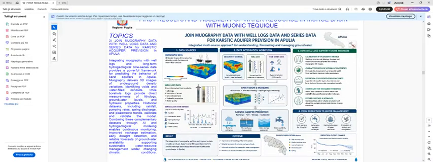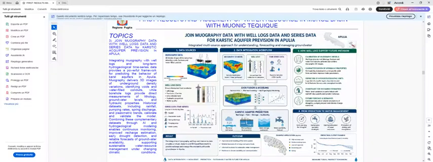How can you join muography data with well log data? It is essential to compare the acquired muography data with well log data and time series data for the karstic aquifer. Integrating muography with well logs and long-term hydrogeological series data provides a powerful framework for predicting the behavior of karst aquifers.